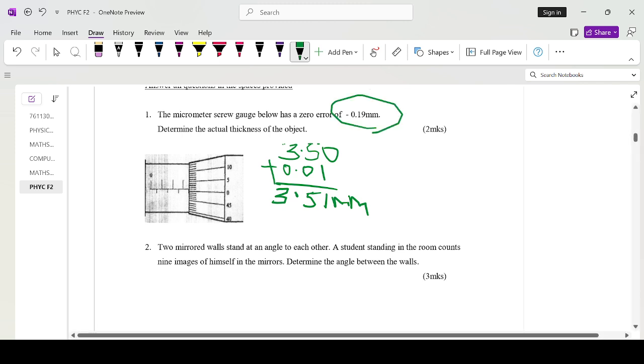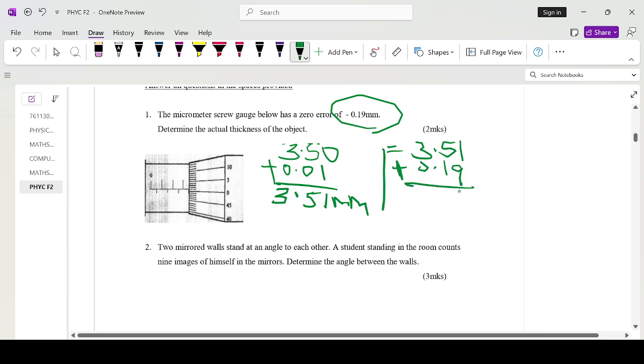How do we correct a negative zero error? We normally correct a negative zero error by addition. So that will now be 3.51. We are going to add 0.19.